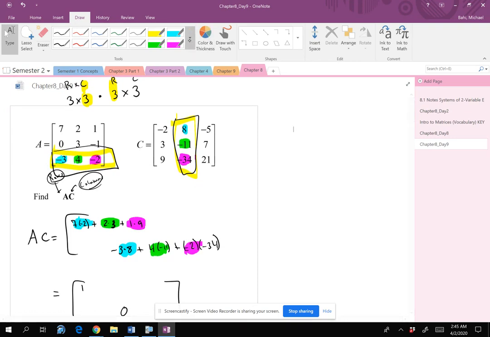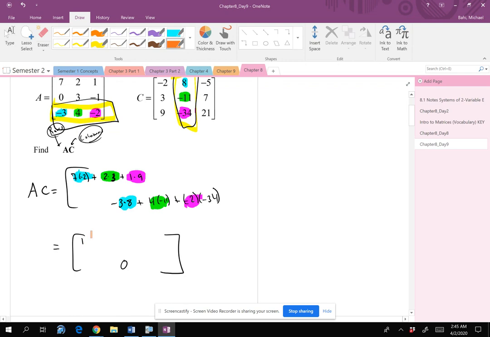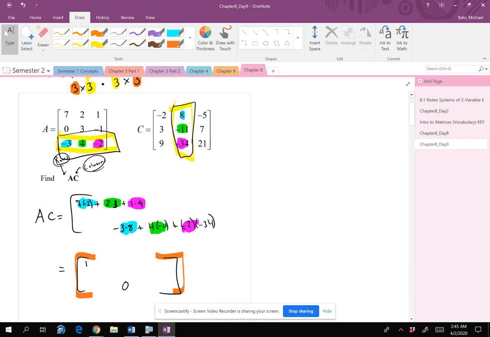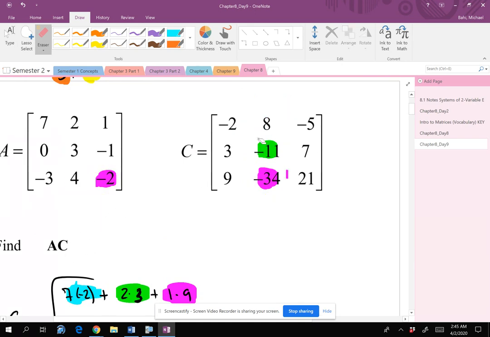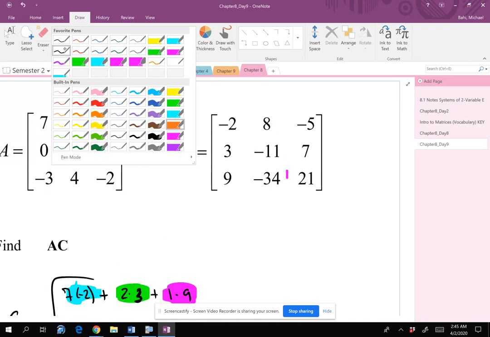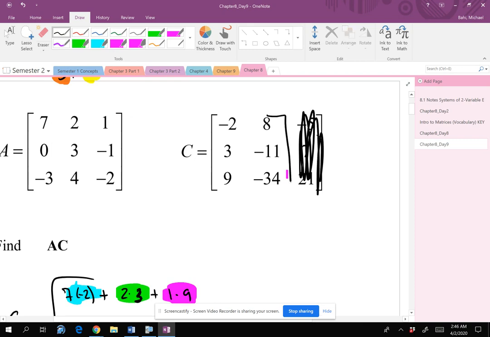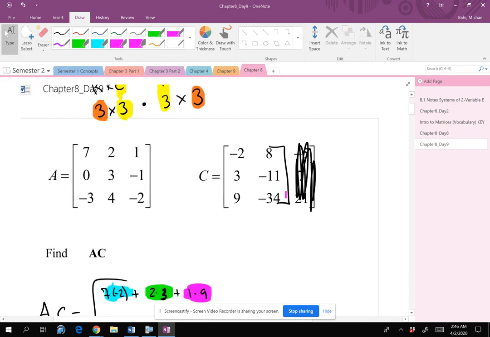And here's what's cool. Your resulting matrix is going to be a 3 by 3. Now, even if I had, just for example, let's assume that this wasn't here, and this was the 2 matrices we were multiplying.